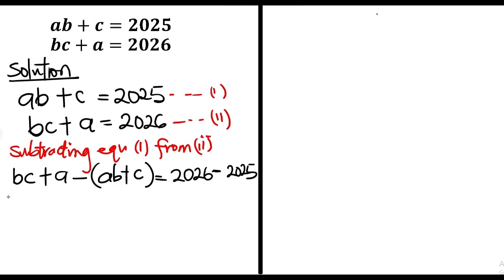Then I have BC plus A, open this bracket, I have minus AB, then minus C equals 2026 minus 2025, that's going to be 1.